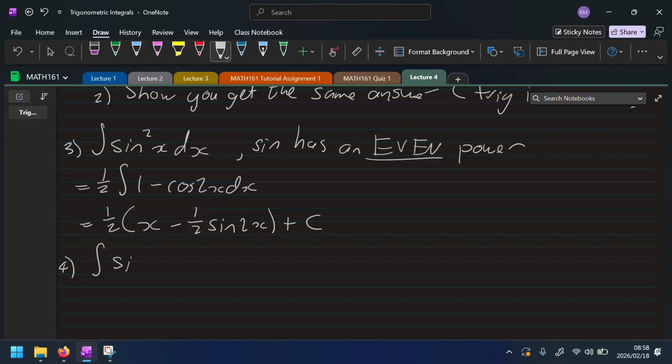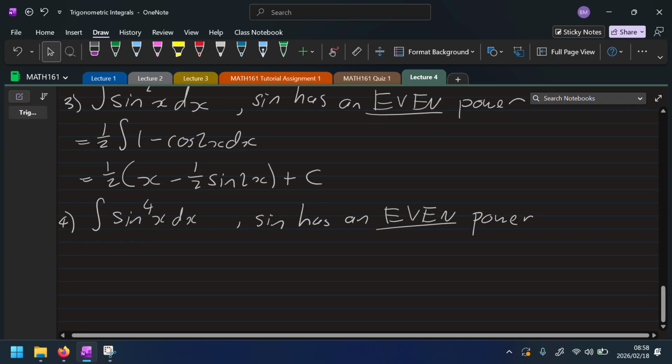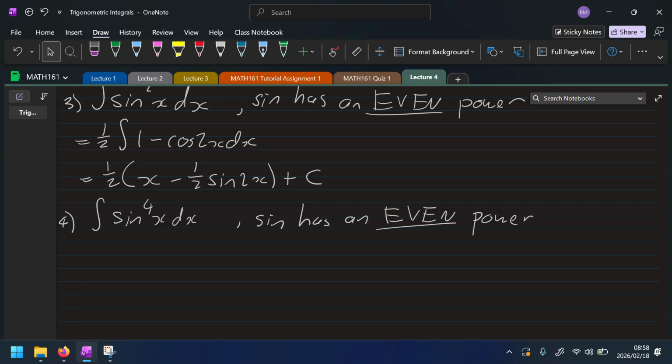So this is sine to the 4. So it's still even, but now it's a little bit more complicated because this is sine squared squared. So like I said, sine to the 4, we can write as sine squared squared. So let's do that.